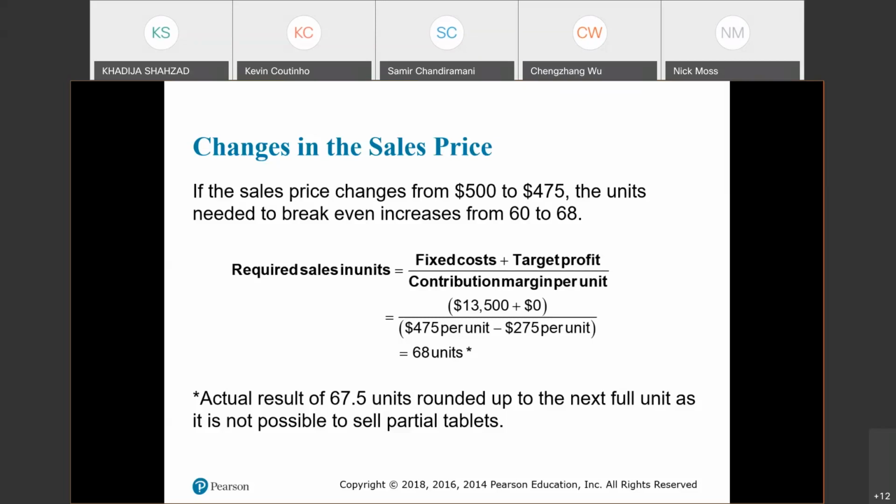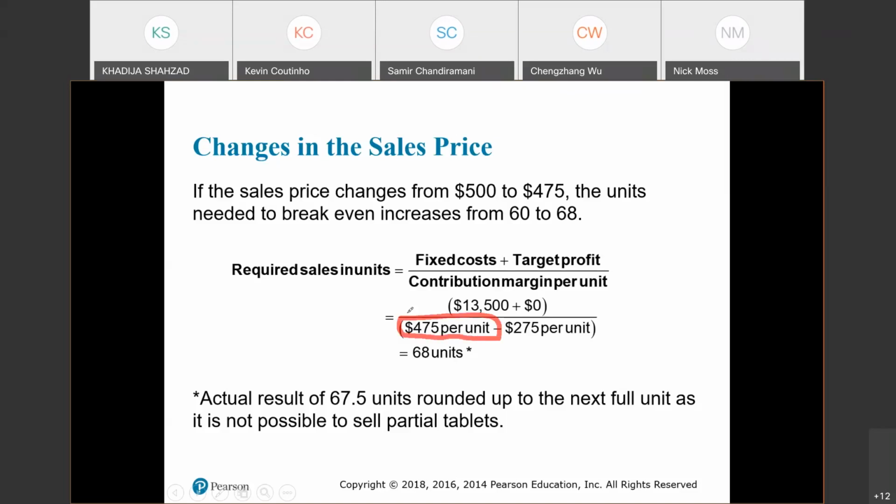Okay, let's look at this equation specifically. Previously, this part was $500.